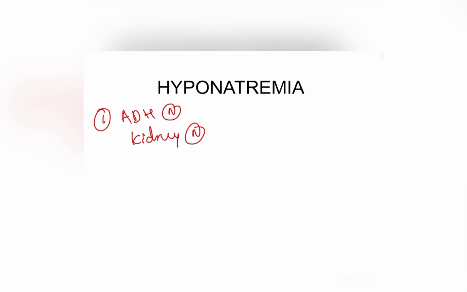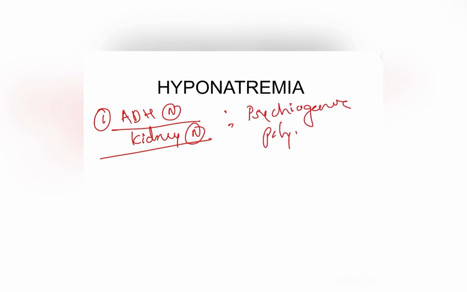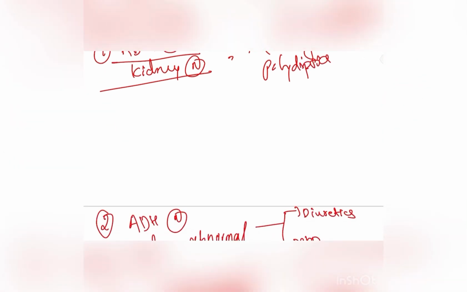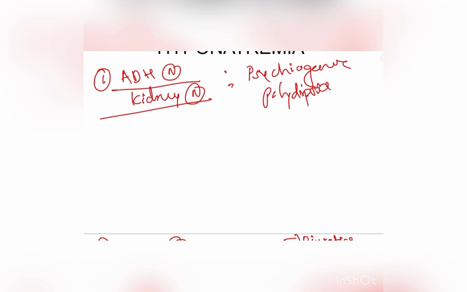Now, for diagnosis of hyponatremia, we'll consider all the three scenarios in which hyponatremia is possible. The first scenario which we discussed is when ADH is normal and the kidney is normal. This is when the patient is taking excess of fluid, that is in psychogenic polydipsia. The patient keeps on consuming lots of fluid, as a result of which, because there is a lot of water, serum osmolality decreases.